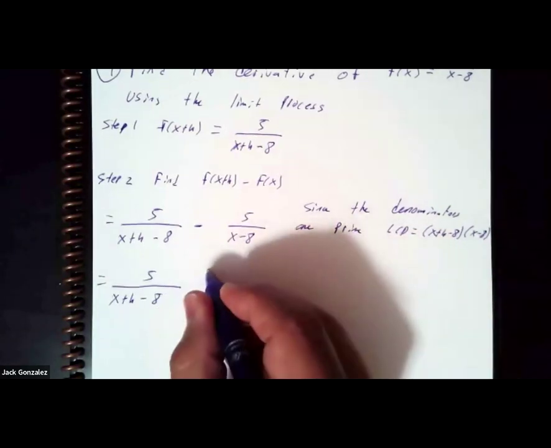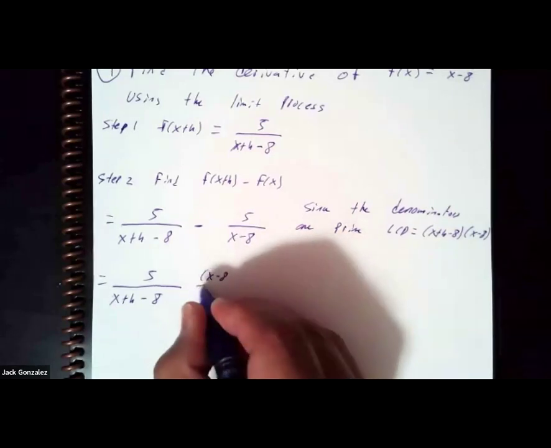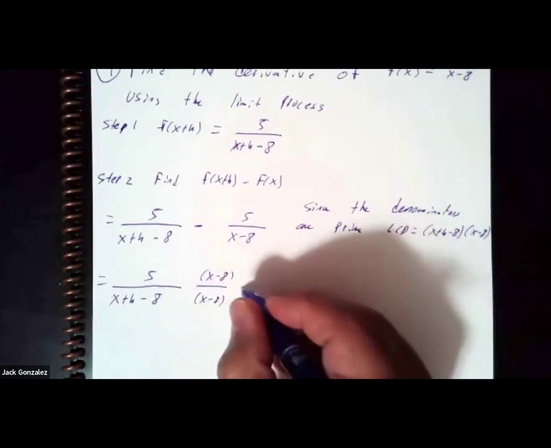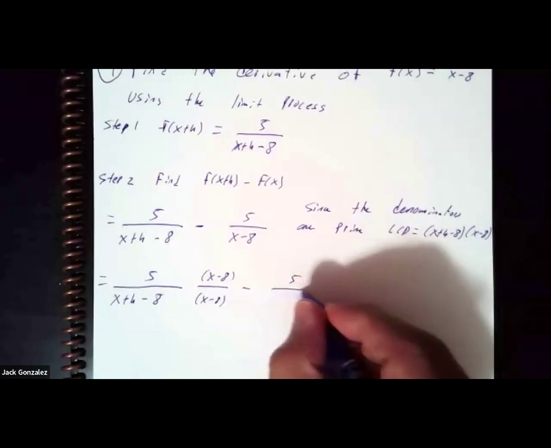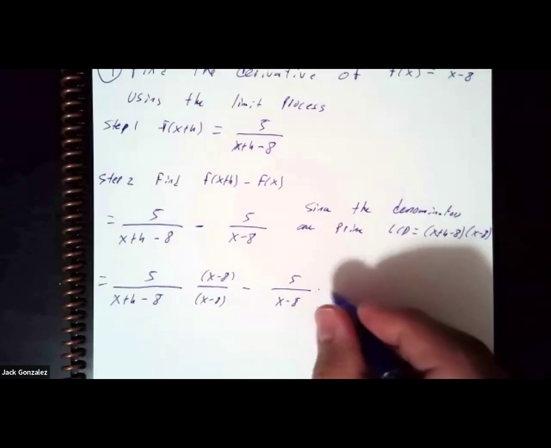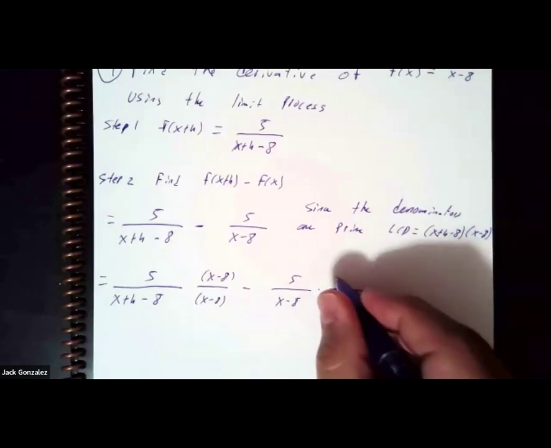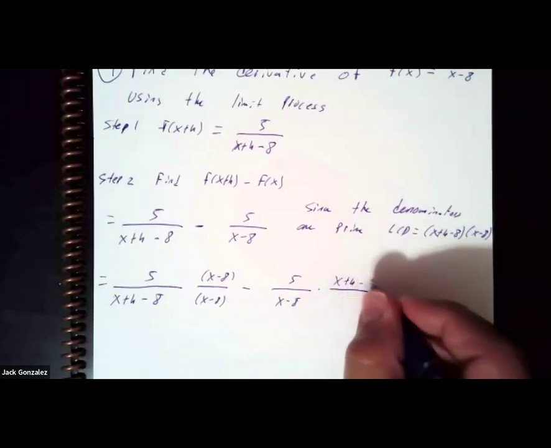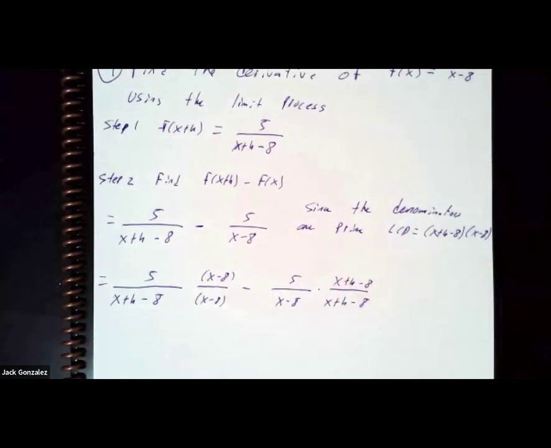All right. So in order to make it look like this, multiply the first fraction by x minus 8 over x minus 8. Multiply the second fraction by the other denominator, which will be x plus h minus 8 over x plus h minus 8.